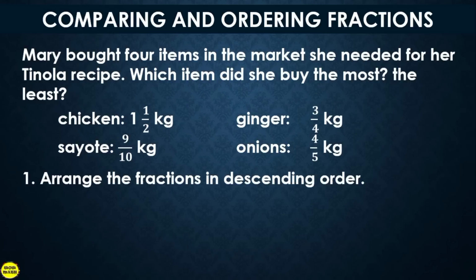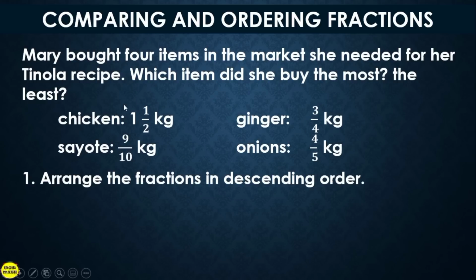So, una natin gagawin, arrange the fractions in descending order para makita natin. So, paano natin gagawin yun in descending order? Meron tayong mixed number. So, kapag ganito, may mixed number tayo, gawin nating improper fraction. Since sa apat na binili niya, ito lang ang mixed number natin, ibig sabihin, mas mataas ito sa tatlo, tama? Kasi meron tayong isang whole number. Unlike dito sa tatlo, walang whole number.